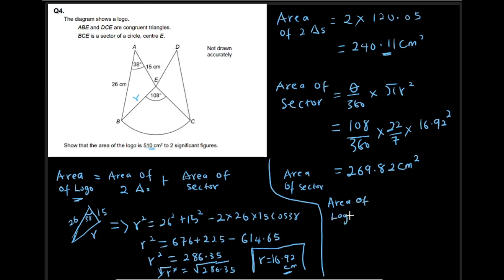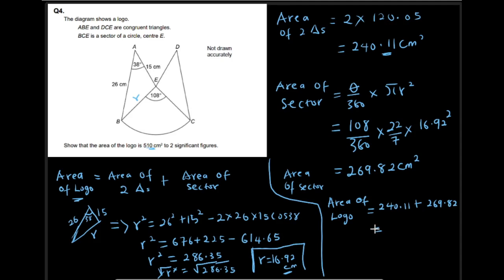Now to get the area of the logo, do not forget area of logo is equal to the area of the two triangles, which is 240.11, plus the area of the sector, which is 269.82.